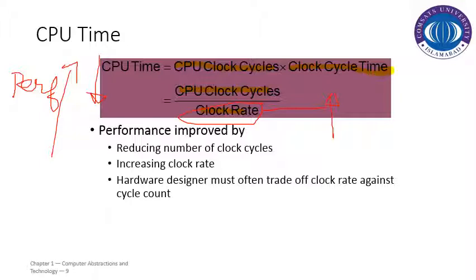Or we can say that the hardware designers do have to trade off clock rate against cycle count. So there is no free hand to increase the clock rate by a certain proportion or infinitely. We have to observe those trade-offs and the hardware constraints as well.